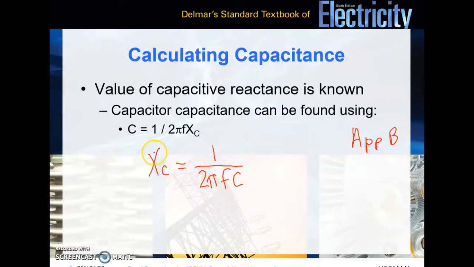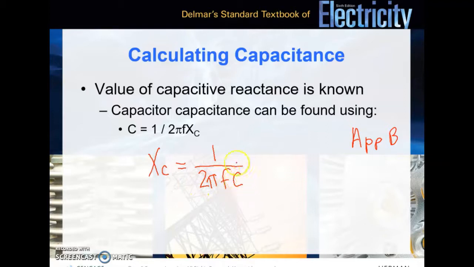But instead of solving for capacitive reactance, we're going to solve for capacitance. With an equation, anything we do on one side of the equation, we must do on the other side of the equation for the equation to remain equal.